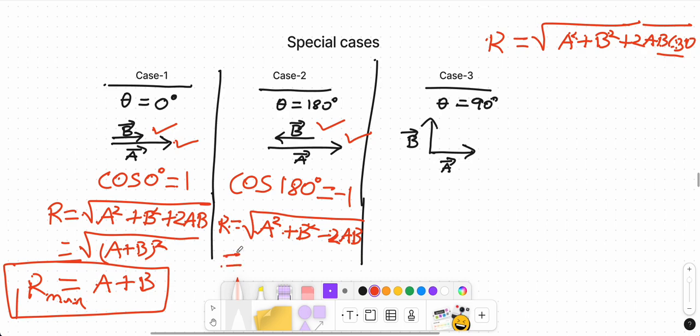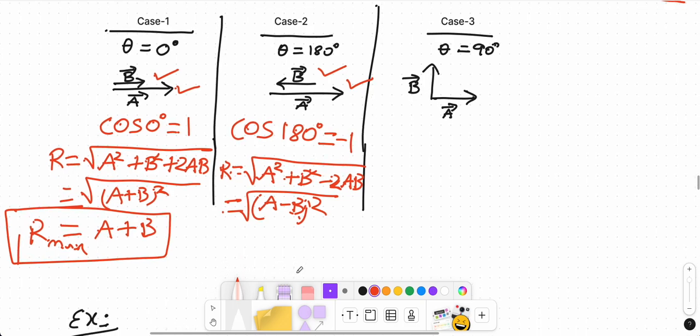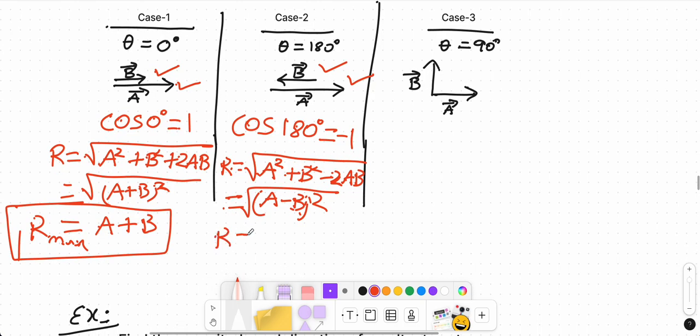This is the formula for a minus b whole square, so r is equal to the magnitude of a minus b. In this case the resultant will give you the minimum value.